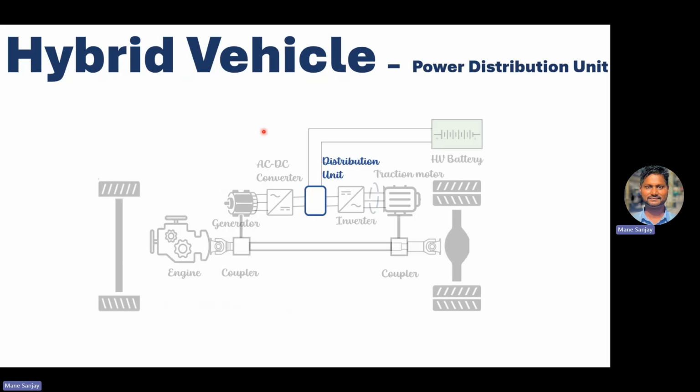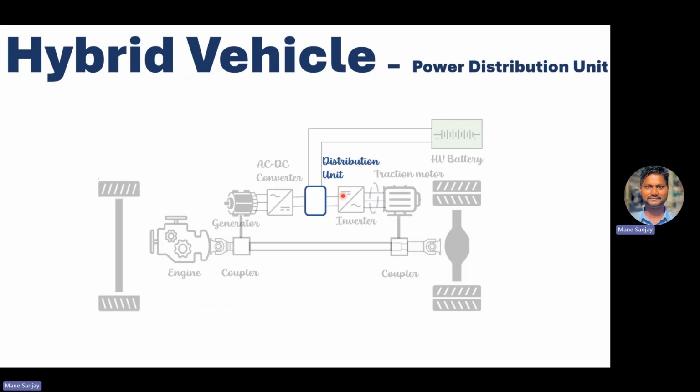If you are using a standalone charger, meaning the charging station is not on the vehicle, then that voltage is also connected here. Your charging gun, whether GBT or based on any standard, that power comes here, and from this distribution unit the power gets distributed.